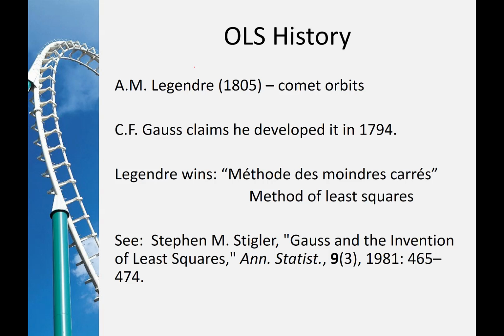And everybody's like, yeah, nice try. The thing about Gauss, though, is he was already a well-known mathematician. He didn't need to claim credit for this one. Legendre wins because he had named it the method of least squares. Ordinary least squares regression is what we call it today, OLS. The least squares.